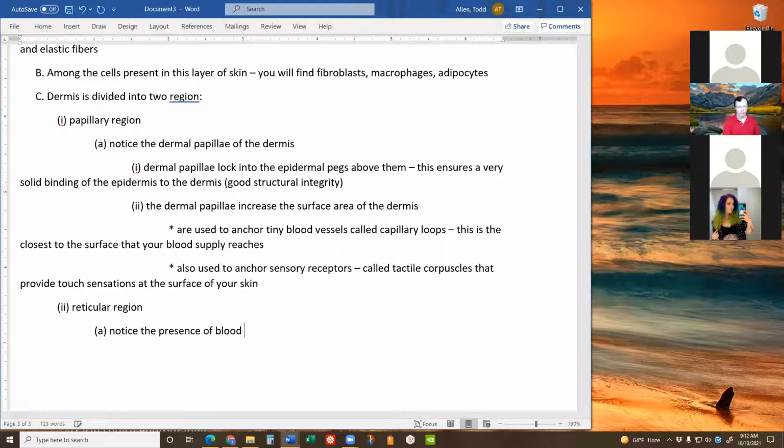Notice the presence of blood vessels, hair follicles, and oil and sweat glands that are anchored in the reticular region.